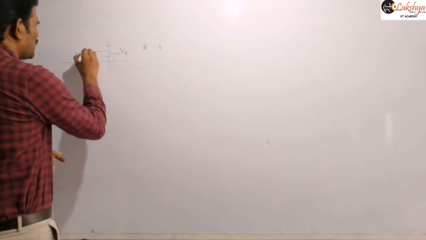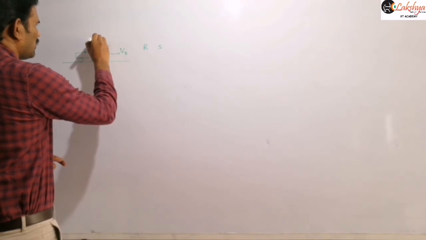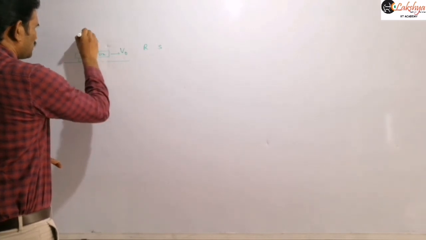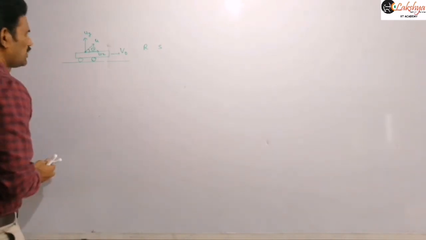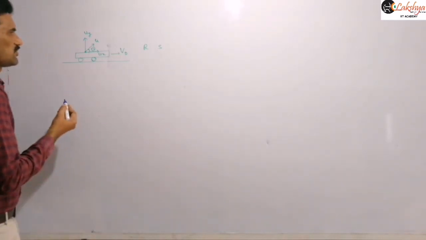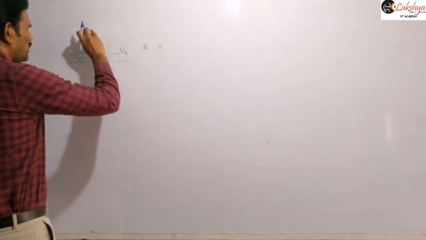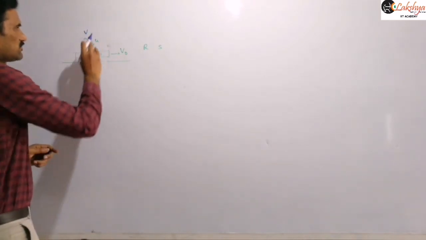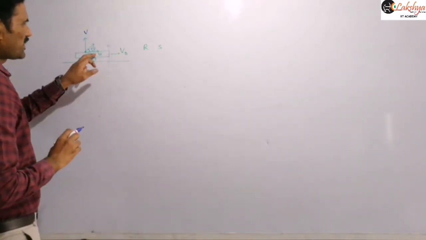For example, if you are projecting in the forward direction here, suppose this angle is theta, and this is ux and uy. Instead of taking ux and uy, let us take these components as u and v. This is the relative velocity here, and I am taking these components directly.